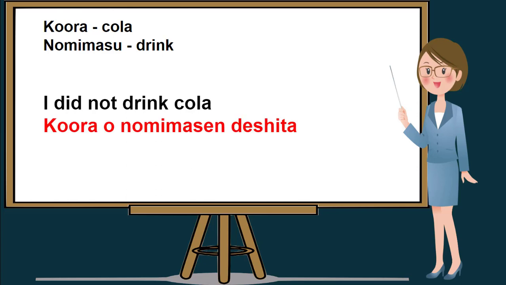Very good. I did not drink cola in Nihongo is kora o nomimasen deshita. Let's try to read this one once again. I did not drink cola in Nihongo is kora o nomimasen deshita.